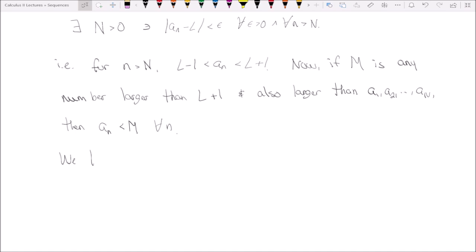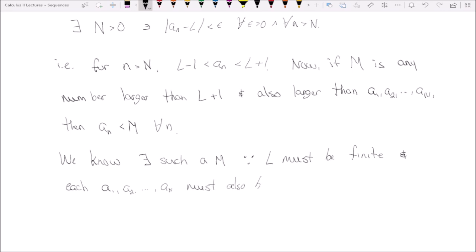Now, we know there exists such an M since L must be finite, and each of the a 1, a 2 through a sub N must also be finite.